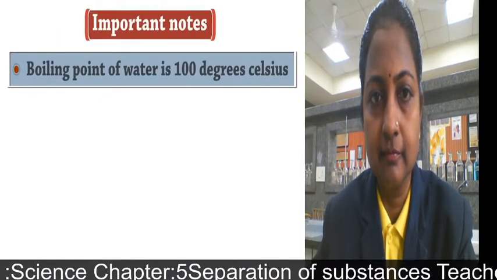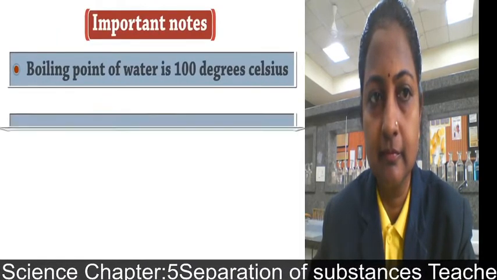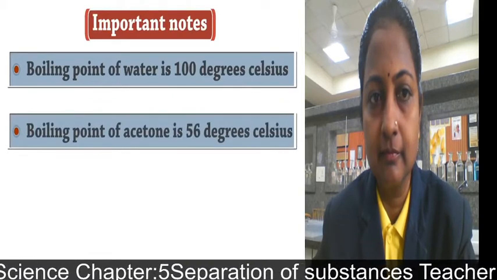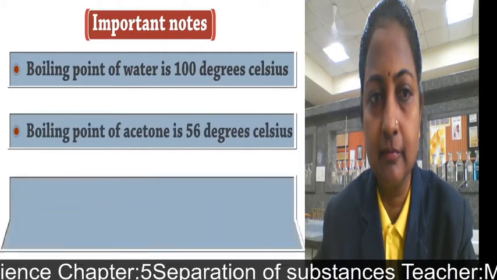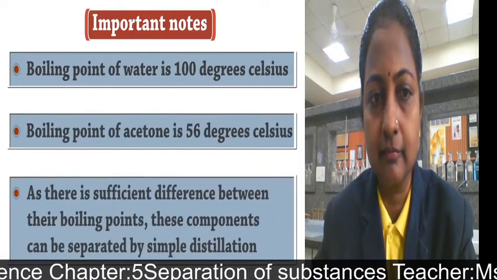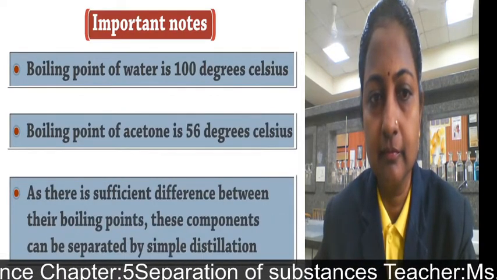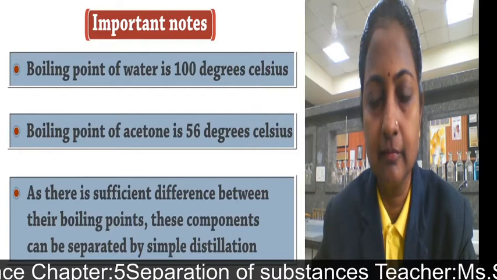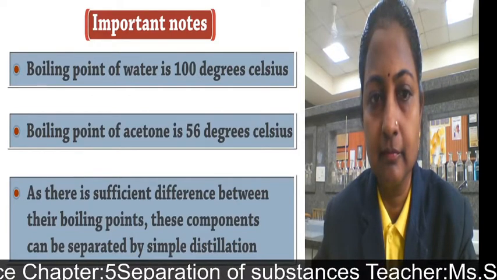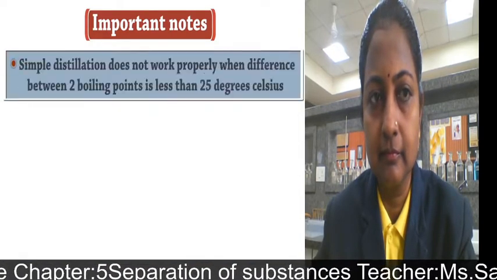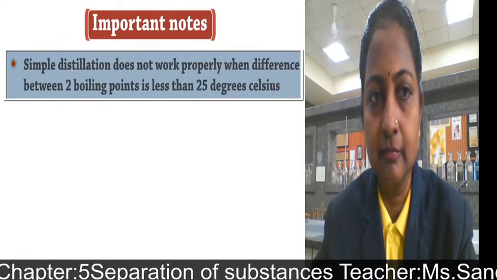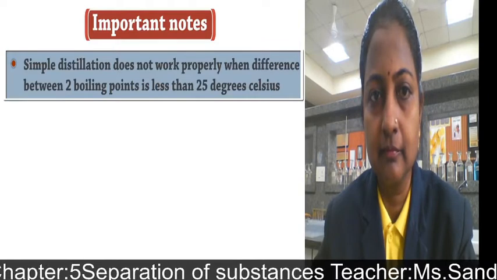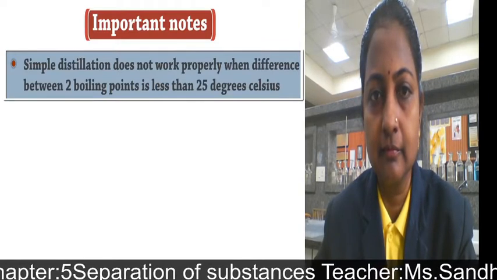Boiling point of water is 100 degrees Celsius. Boiling point of acetone is 56 degrees Celsius. As there is sufficient difference between their boiling points, these components can be separated by simple distillation. Simple distillation does not work properly when the difference between two boiling points is less than 25 degrees Celsius.